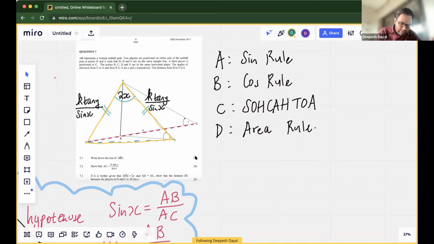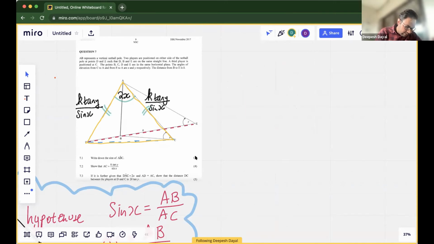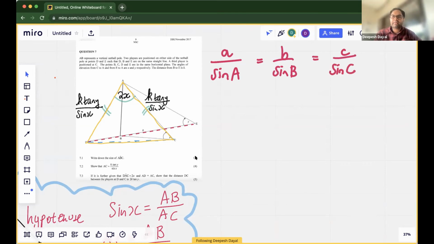What is the sine rule again? It's a over sine A equals b over sine B equals c over sine C. Okay, so we've got these.